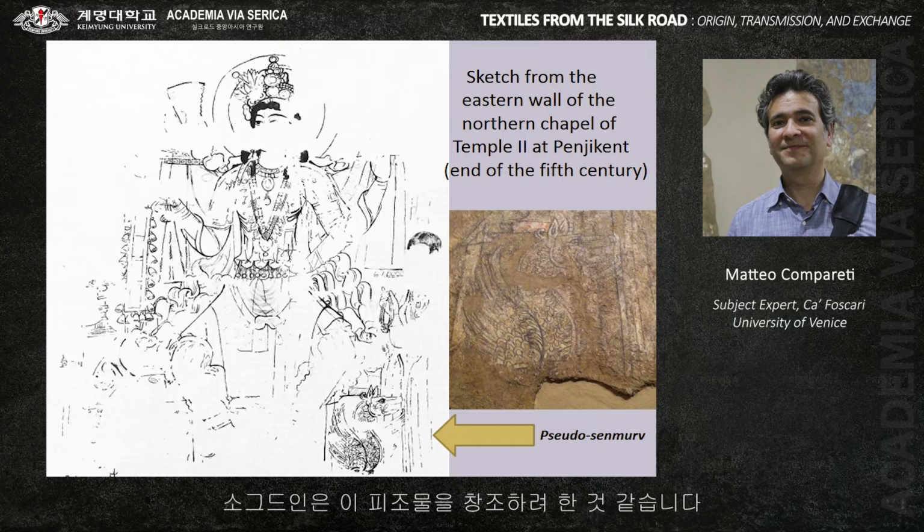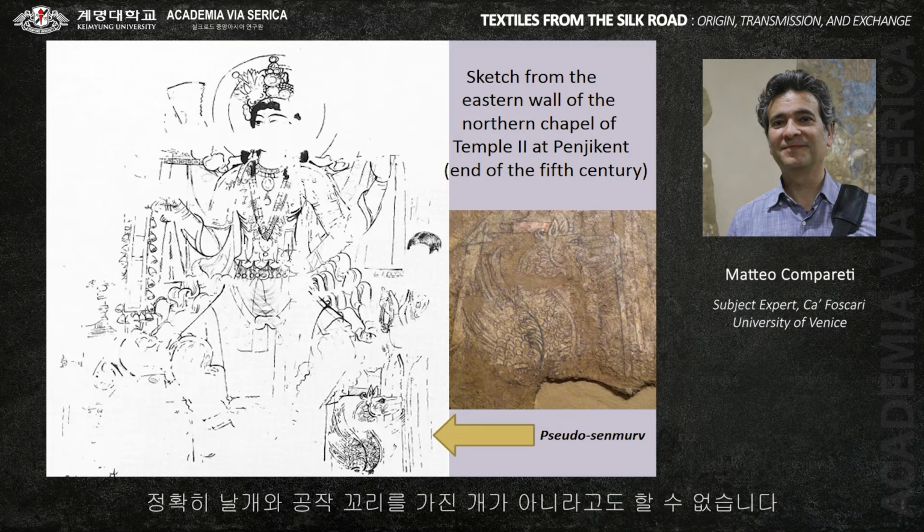So the Sogdians are probably trying to render this creature, but unfortunately in this painting, the creature coming out from one side of the throne of this deity is not complete. We cannot see the tail. And it's not excluded that this creature is not exactly our dog with wings and peacock tail.